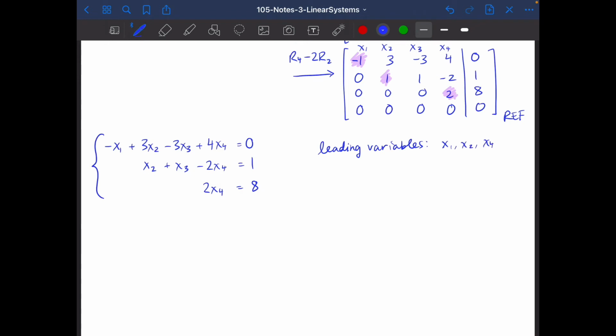And that means that there's one free variable, x3. And that free variable we will set equal to t, a parameter. x3 is equal to t, where t is any real number.